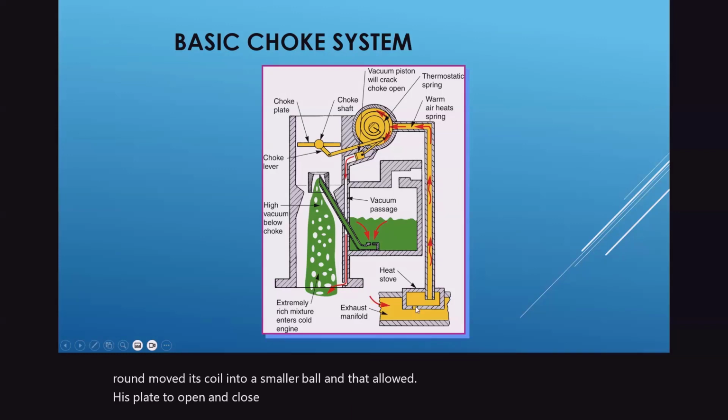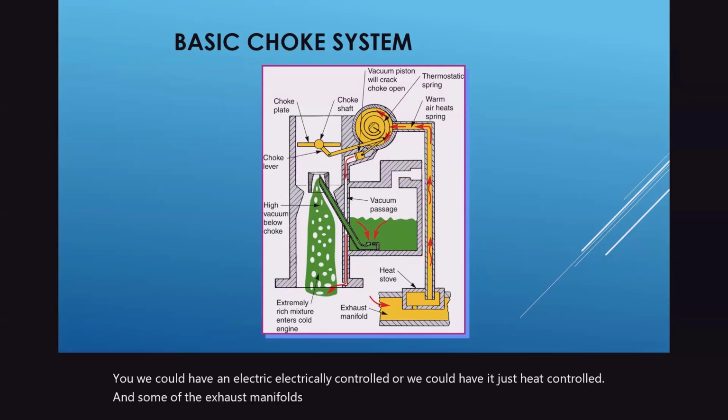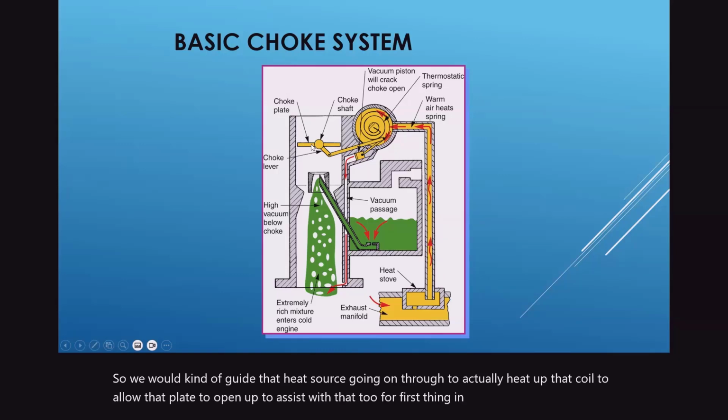We could have it electrically controlled, or we could have it just heat controlled. On some of the exhaust manifolds and some of the intake manifolds, we had a heat source, so we would guide that heat source through to actually heat up that coil to allow the plate to open up.